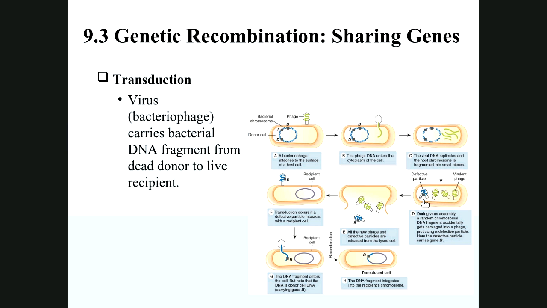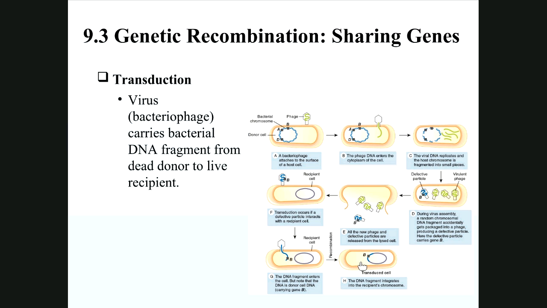Okay, now when those little viruses explode out of the cell, that virus can go around and inject into another bacteria. Here's its DNA injecting in this letter G picture. And then it can insert itself into that second bacteria's DNA.